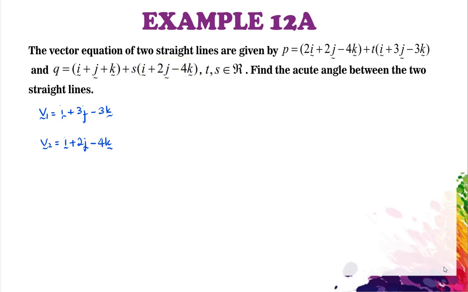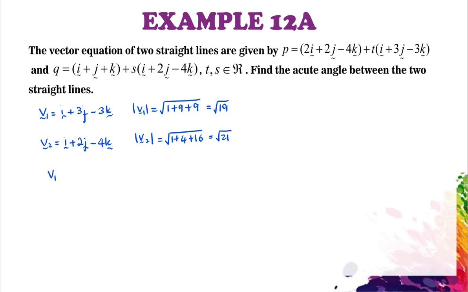Next, you have to find the magnitude for both vectors. Magnitude v1, we're going to have square root of 19. Magnitude of v2, which is square root of 21.